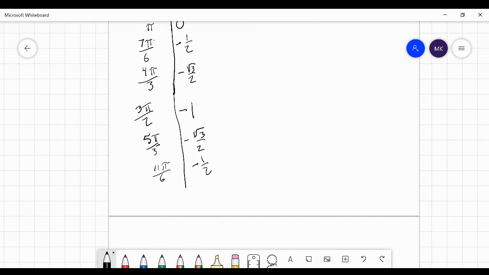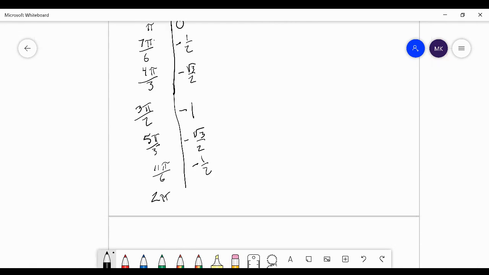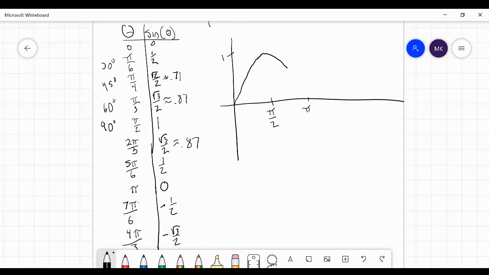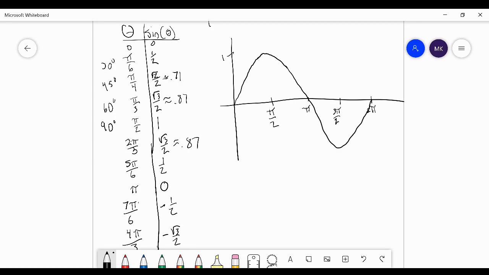And if we did one more and got to 2 pi, that's the same as 0, which gives 0. So what happens is it has this cyclical nature like this. And so this is what happens.